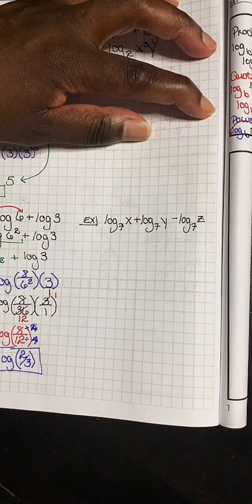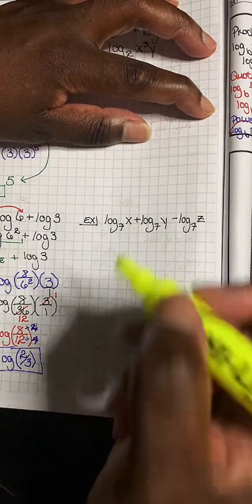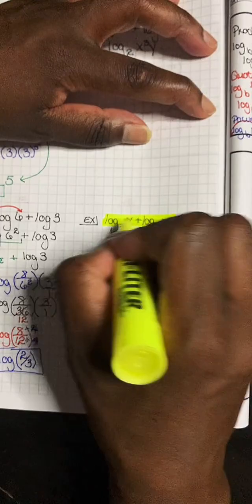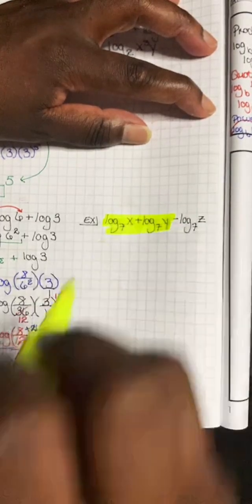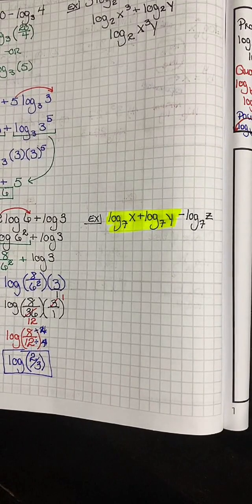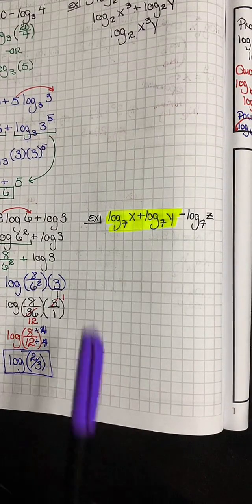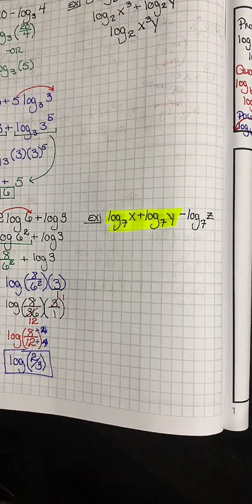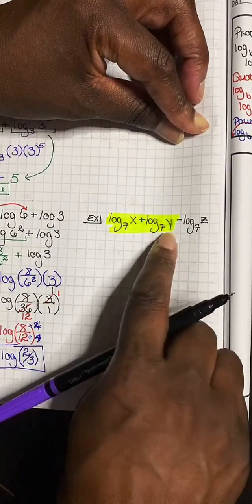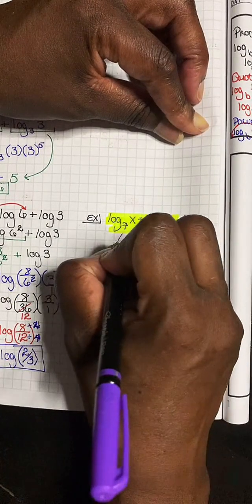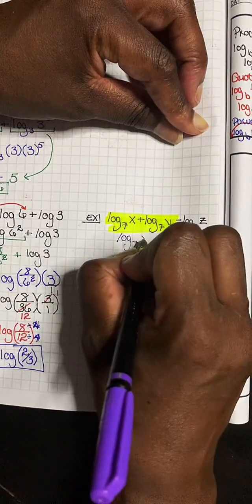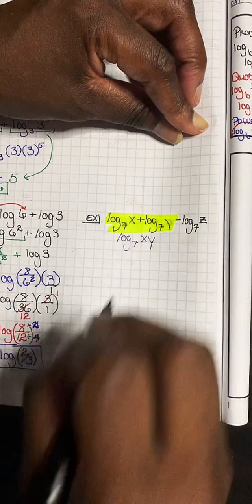So just like if we were doing exponents or PEMDAS, we're going from left to right. So we have the log base 7 of x plus the log base 7 of y. Since it is addition, and if we want to condense it, that means we're looking at multiplication. So they still have the same logs. So log base 7, but we're going to multiply, so that will be xy.